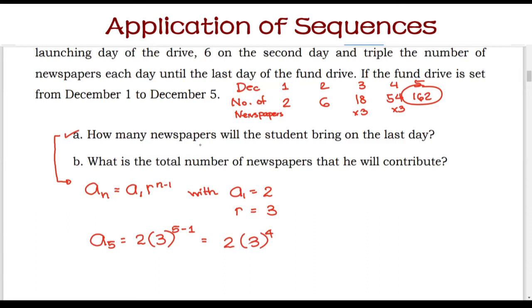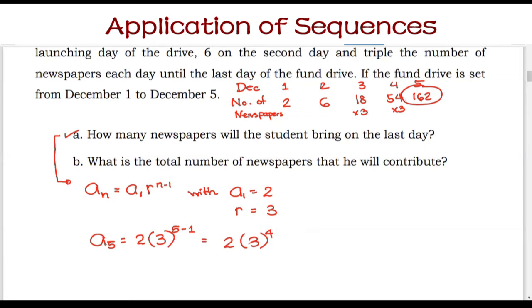Actually, kapag geometric sequence, tapos konti lang naman yung terms, like in this example, 5 lang naman ang terms, mas advisable na listing method na lamang ang gagamitin kesa formula. Kasi tingnan nyo to, mas mukha siyang complicated compared dun sa listing method na ginawa natin.